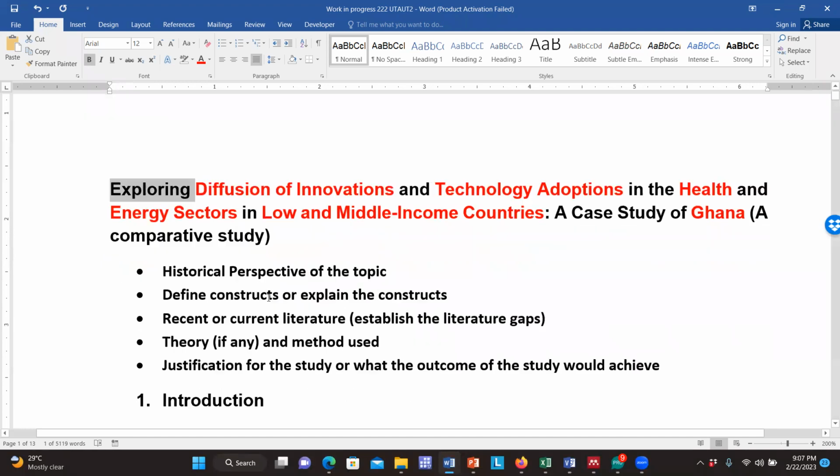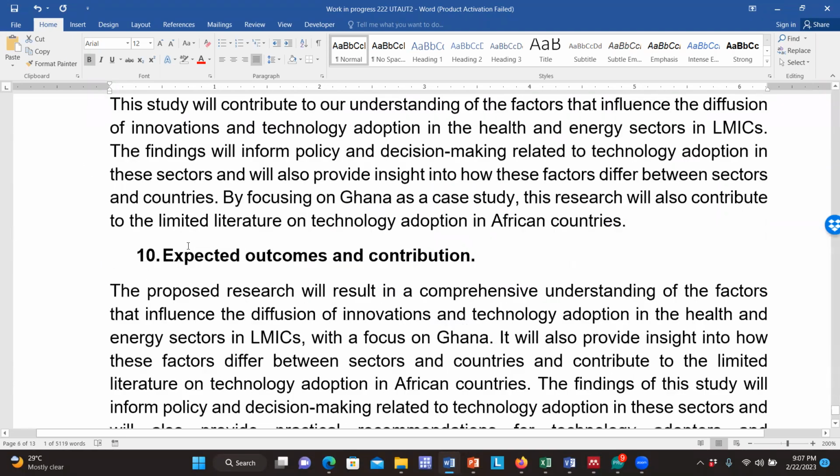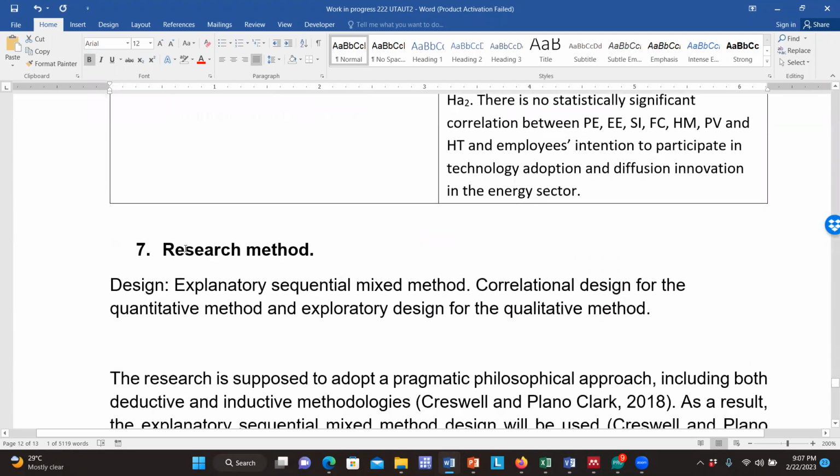In fact, I think we were looking at exploratory sequential mixed method. We saw something. Okay, explanatory sequential mixed method. Good.